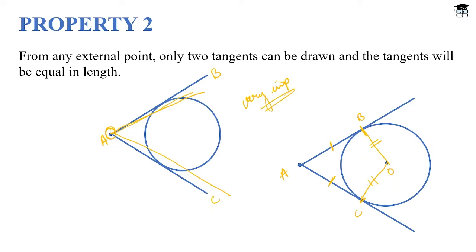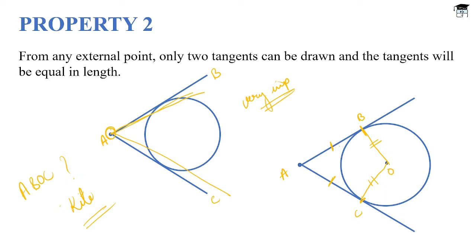Can you see that ABOC is a quadrilateral? Can you tell me what kind of quadrilateral it is, what shape it is making? ABOC is a kite.